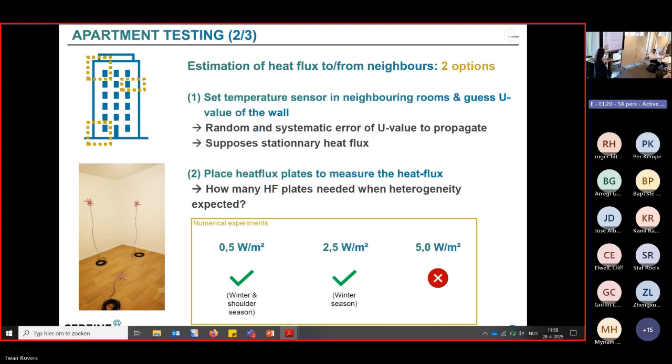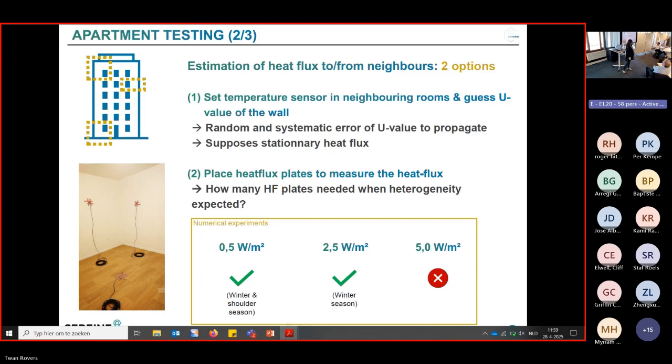And so we did a lot of numerical experiments to see the effect of this spatial heterogeneity on the uncertainty of the HTC measurement of the apartments. When you have a very low heterogeneity, the uncertainty remains bounded and acceptable, and we can have a measurement that's trustworthy in winter and in shoulder season.